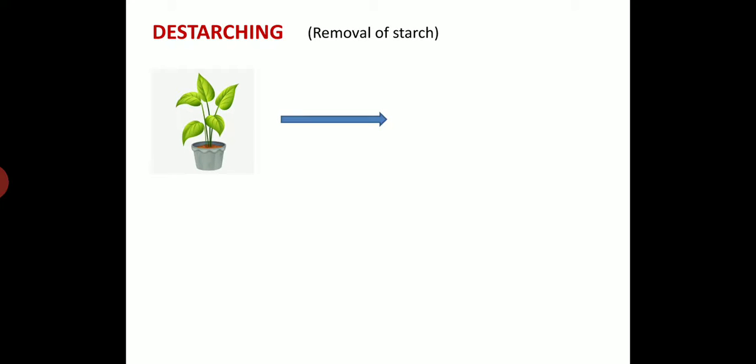In the absence of sunlight, you need to keep this plant in dark for 24 to 48 hours. With this process, the leaves or the plants will become totally destarched. That means the starch which is present on the plant or the leaves will be totally removed.